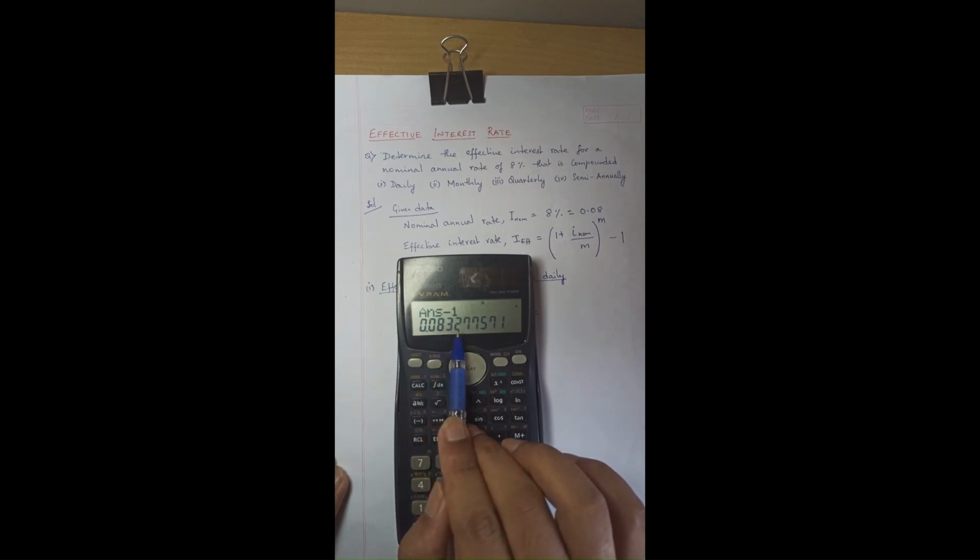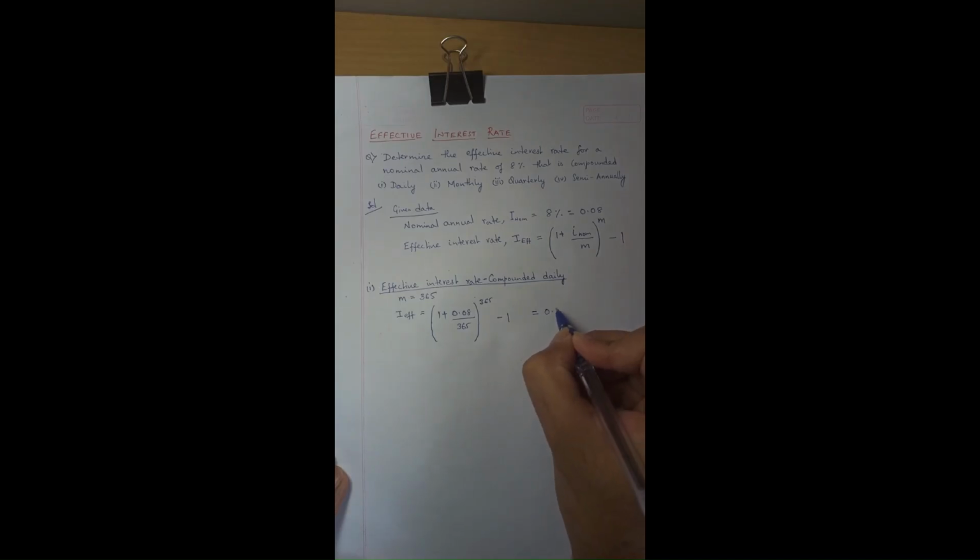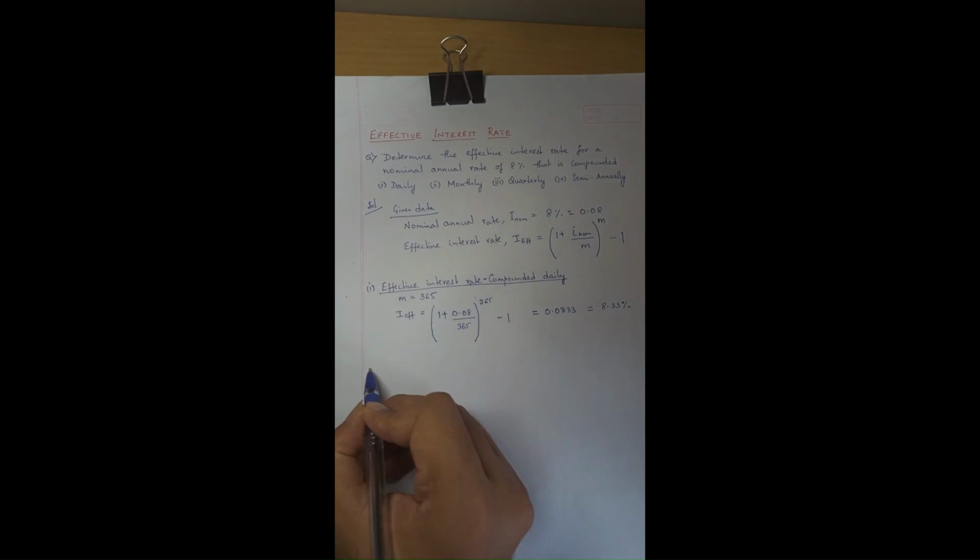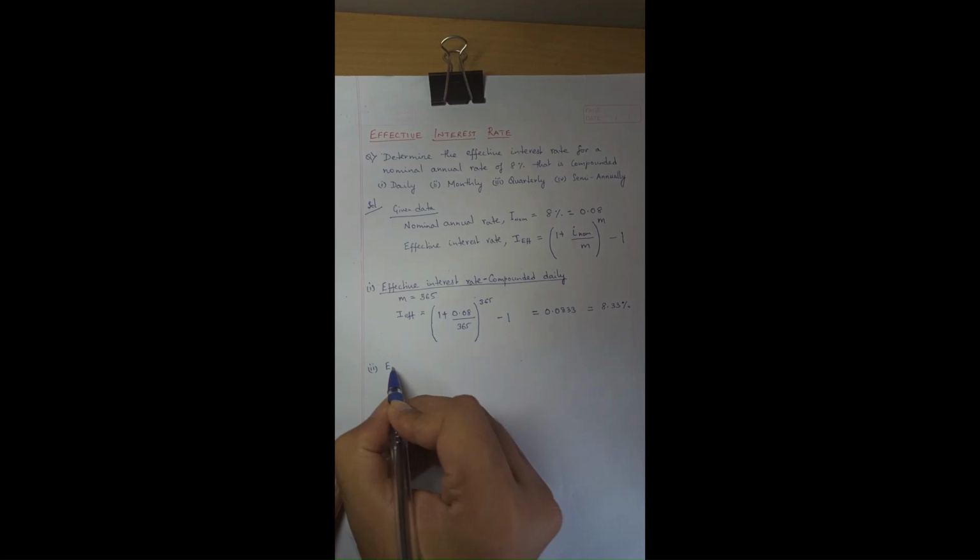So this is the effective interest rate if the nominal interest rate of 8% is compounded daily. If I convert this into percentage, it will be equal to 8.33%.